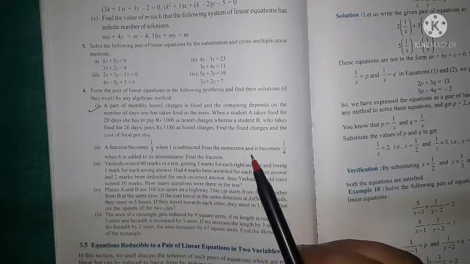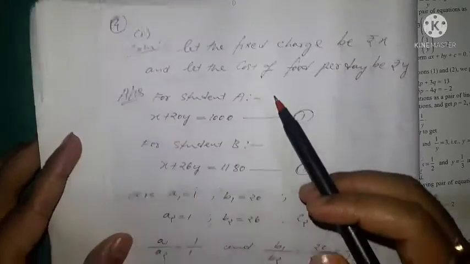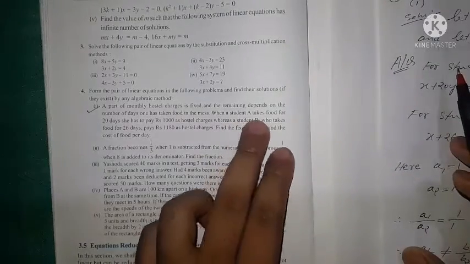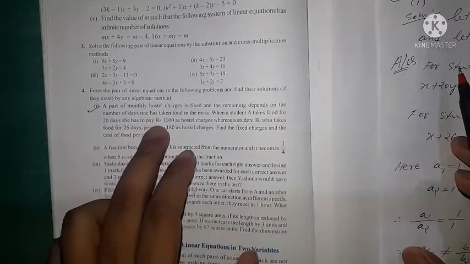So let the fixed charge be rupees X and let the cost of food per day be rupees Y. According to the question, for student A, when she takes food for 20 days, she has to pay rupees 1000.